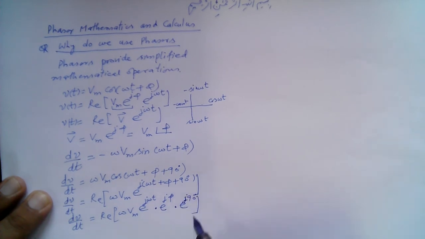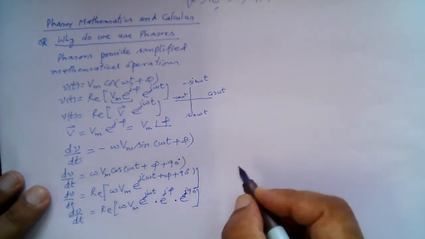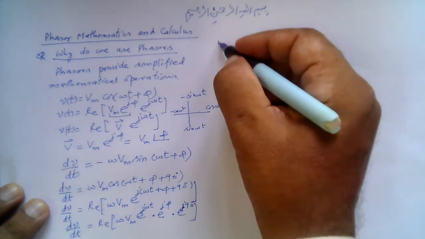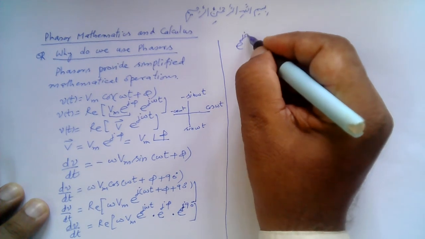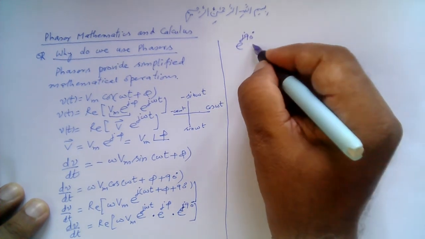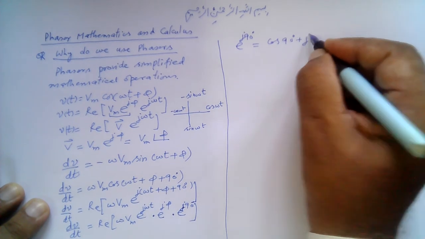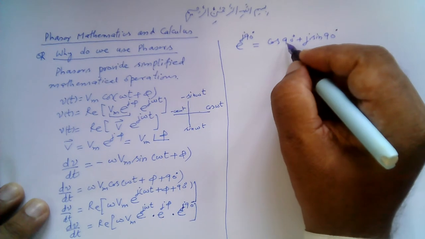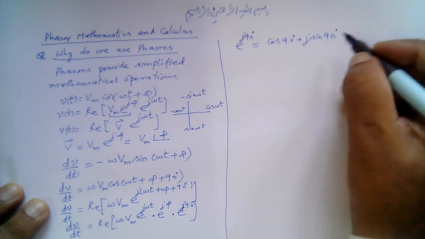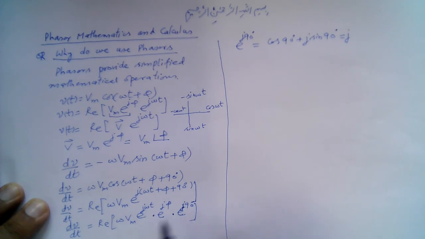Note that e^(j 90 degrees), according to Euler's identity, is cos 90 degrees plus j sine 90 degrees. Cos 90 is 0, sine 90 is 1, so this is simply equal to j.